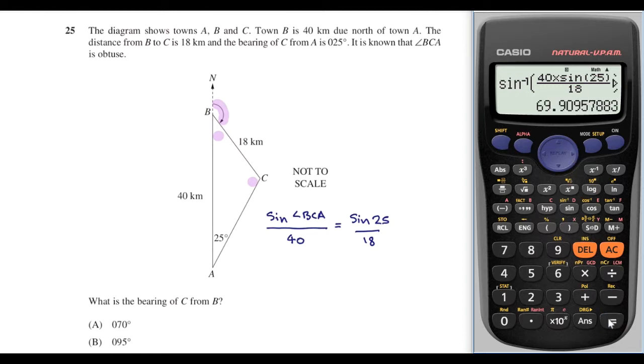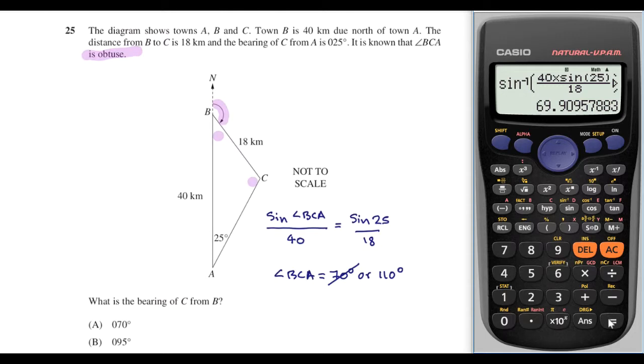Meaning that angle BCA is equal to 70 degrees or equal to 110, the so-called ambiguous case of the sine rule. As we are told that angle BCA is obtuse, we know that it is 110 and not 70.